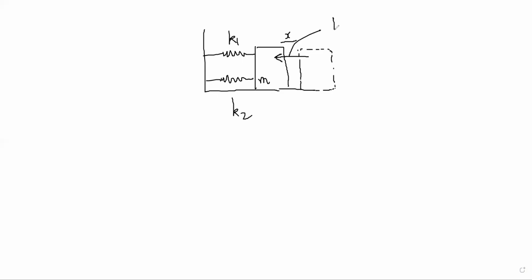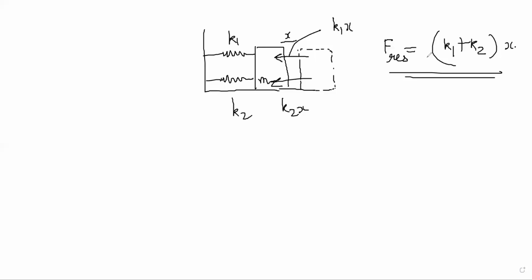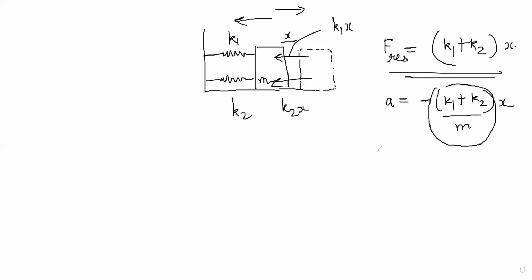The restoring force due to this spring will be K1x and due to this spring K2x, so the total restoring force will be (K1 plus K2)x. Now acceleration is equal to minus (K1 plus K2)x by m. I put the minus sign because displacement was this side and force is the other side. Now this is my omega square, so time period will be simply 2 pi by omega.